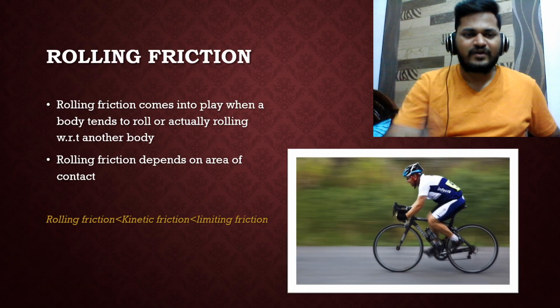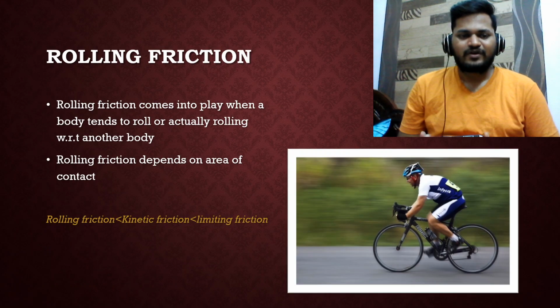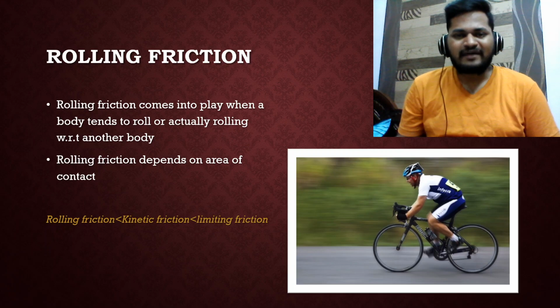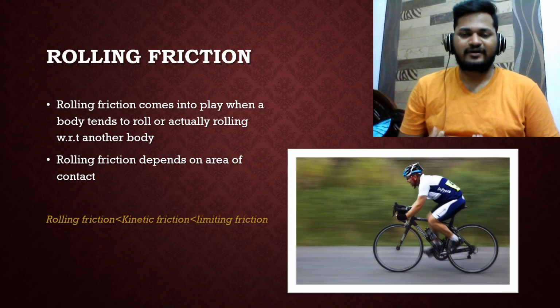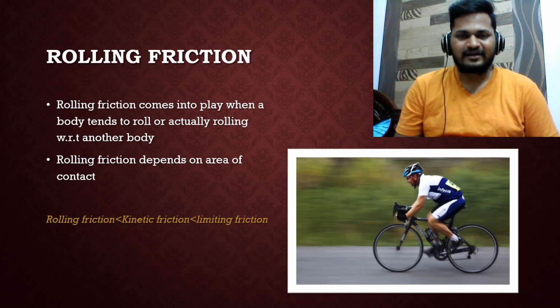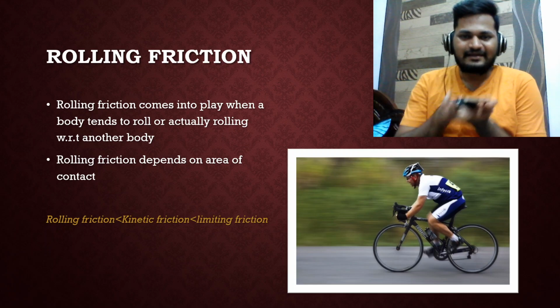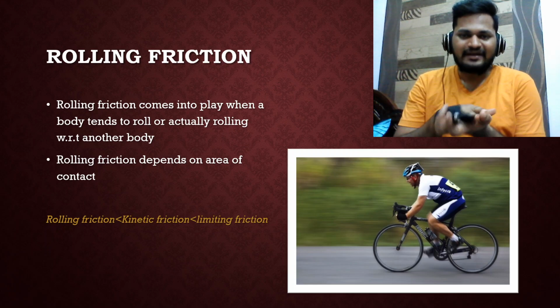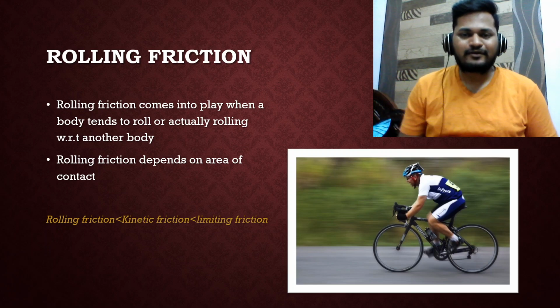Next, rolling friction. Rolling friction comes into play when a body tends to roll, or is actually rolling, with respect to another body, and rolling friction depends on area of contact. Best example: when your vehicle's tire gets punctured, especially a bicycle, a greater area is in contact with the road, and you find it difficult to pedal the cycle.